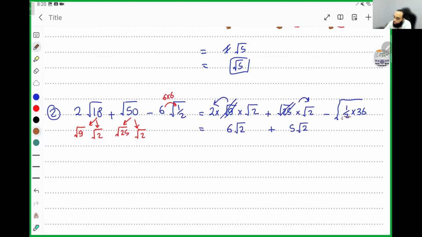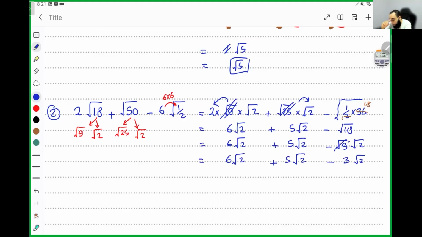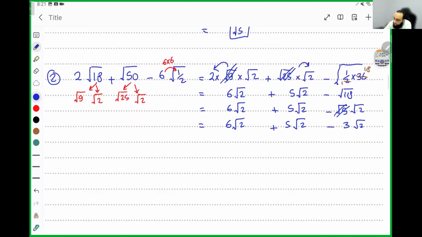Then the root 18, we decomposed it before. It's root 9 root 2. So 6 root 2 plus 5 root 2 minus 3 root 2, instead of the 9. 6 plus 5 is 11. 11 minus 3 is 8. 8 root 2.